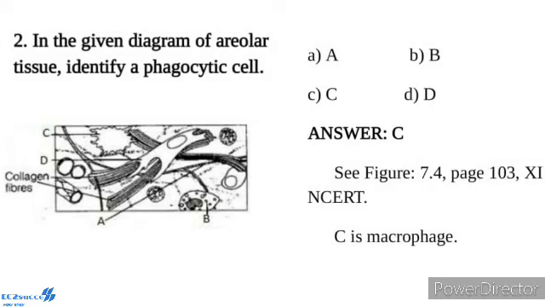Collagen fibers are also laid down at the site of injury and help in tissue repair. The fibers of the tissue leave spaces called areolae between them, hence the name areolar tissue.